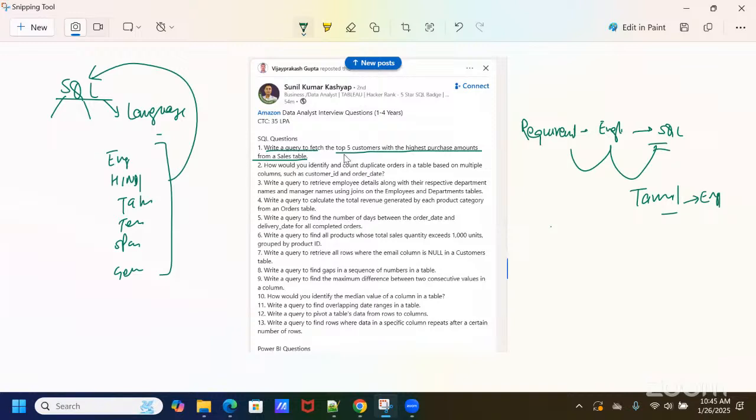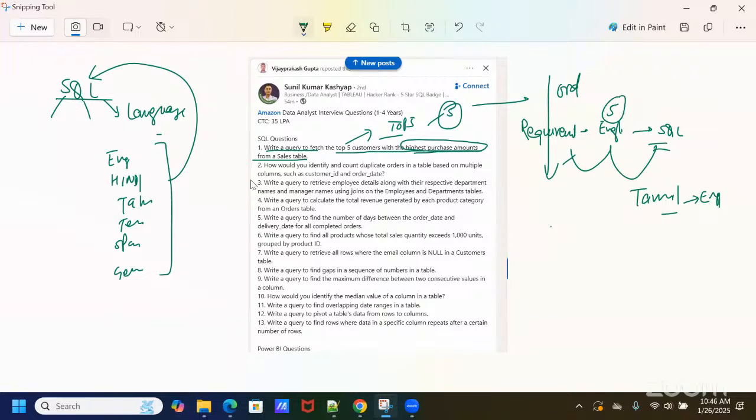Top 5 customers means I want only 5 records, with the highest purchase amount, meaning whoever is doing the maximum purchase. So in this question I basically take the data, arrange it with order by, and then pick the top 5 people.